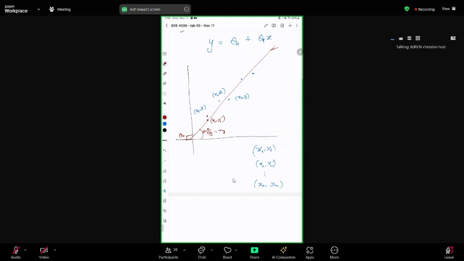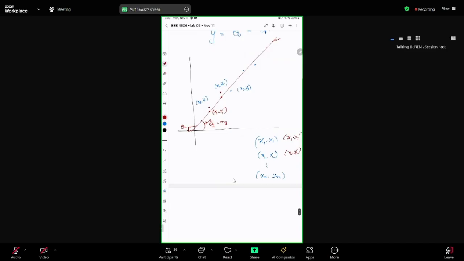So for x1, y1, we get x1, y1 prime. That's the prediction that we get. For x2, y2, we get x2, y2 prime. For x3, we have y3 prime. Similarly, for xn, we have yn prime. This is the predicted value.